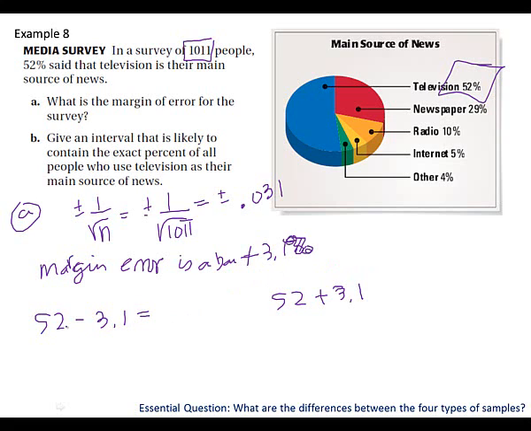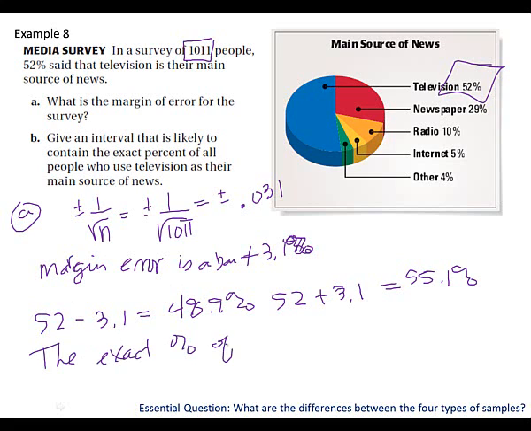Alright, so what's 52 minus 3.1? 48.9%, and 52 plus 3.1 is? 55.1%. So we would want to say something. So the exact percent of all people who use TV as the main source of news.